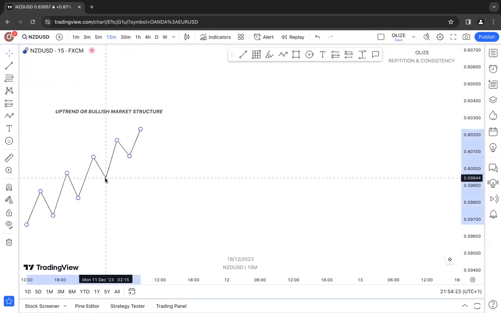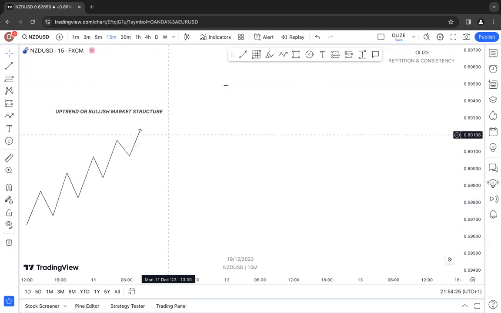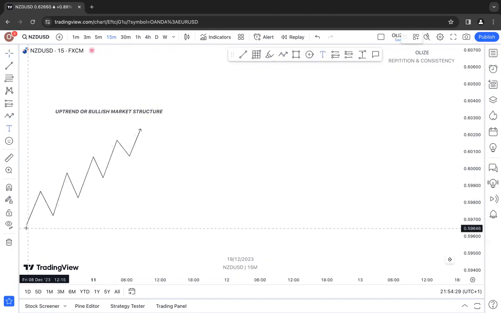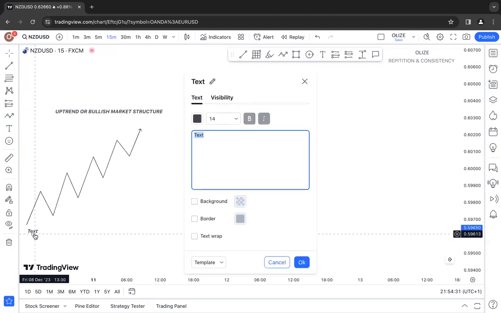So I said uptrend or bullish market structure is when price is creating a series of higher lows and higher highs towards the upside.